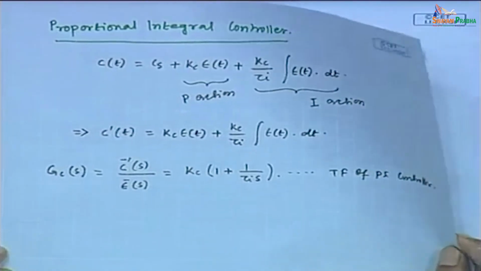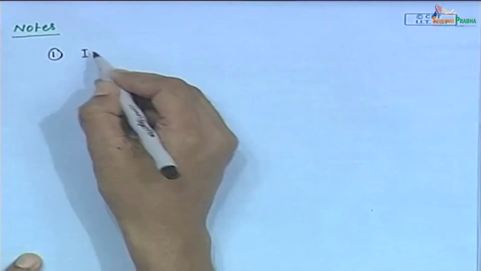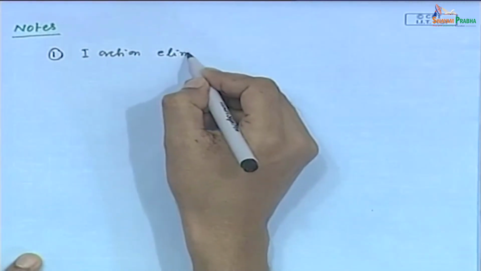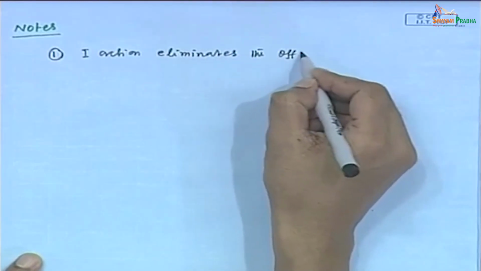Now, we will make some remarks on this PI controller. First conclusion is the integral action eliminates the offset.